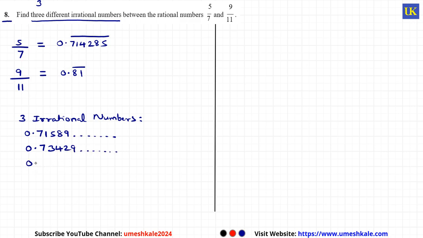Another number is 0.7492, and I will just put dot dot dot. If you look at these, these three numbers are between the two numbers, and they are irrational because their decimal expansion is non-terminating, non-recurring. Just write different digits and put dot dot dot, and this is our answer, guys. Very simple.